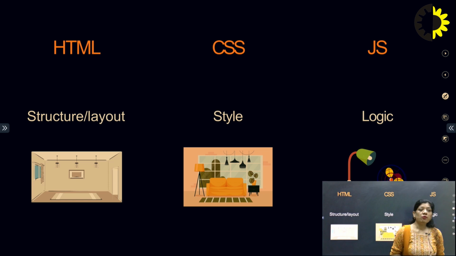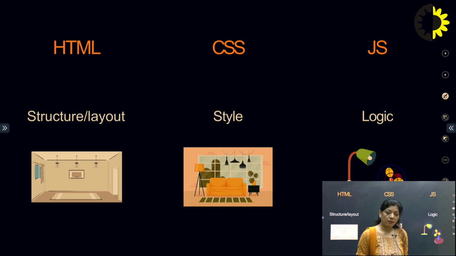And if we want to do some designing, some coloring, like we want to make the color of the walls red, green, yellow, blue, for that we use CSS.